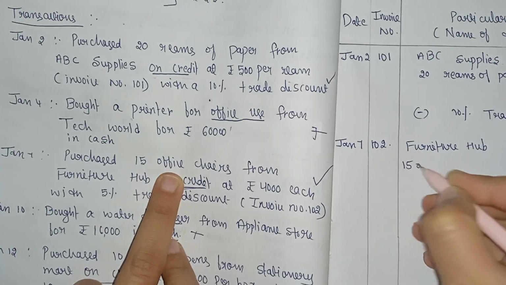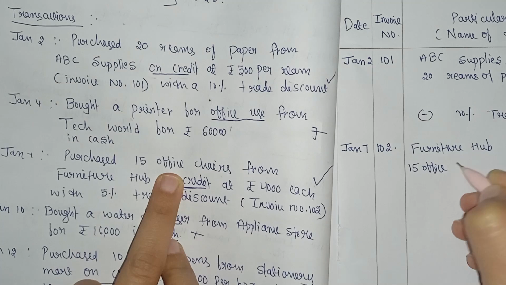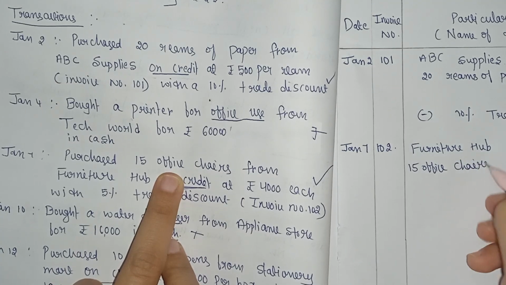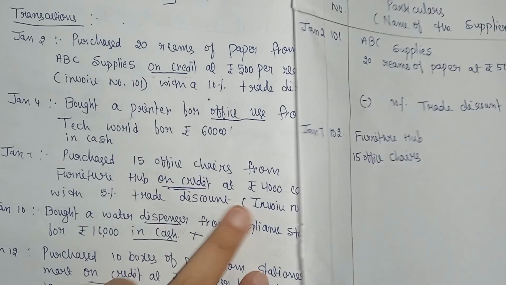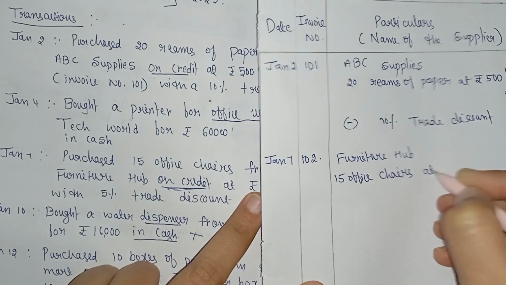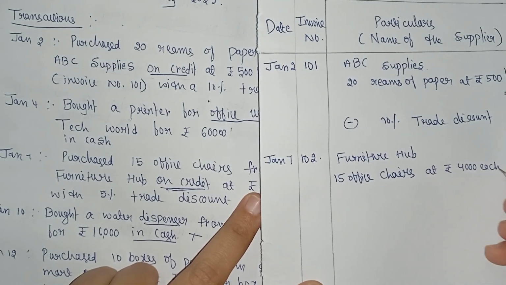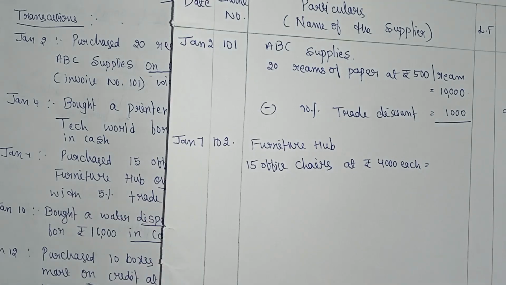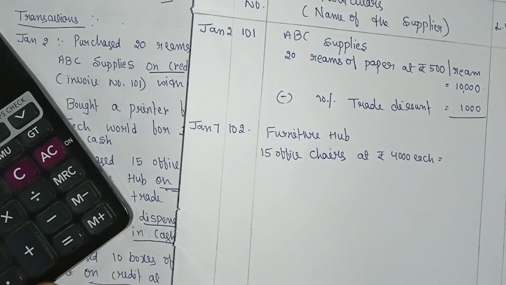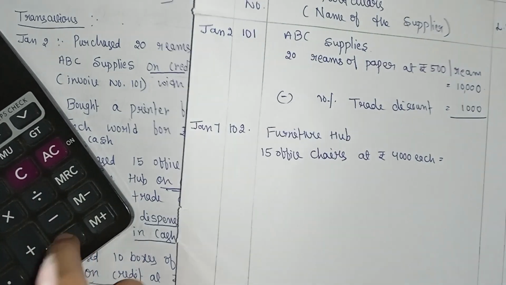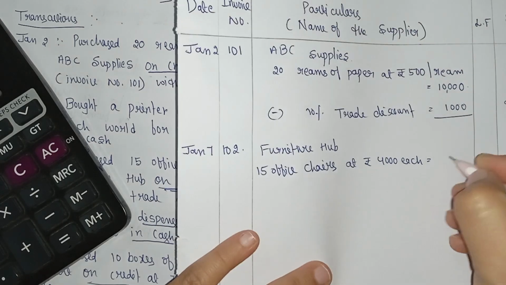That is 15 office chairs at rupees 4,000 each. How much? 15 into 4,000. That is rupees 60,000.